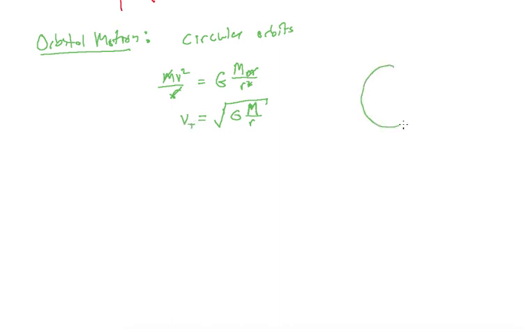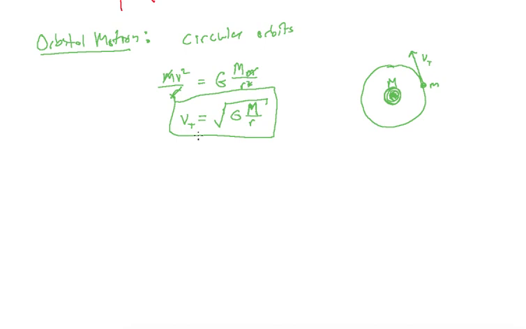So if here's our big central object, that's the capital M, here's our little m, and this would be its tangential velocity at any moment. We can just use the idea that gravity is a centripetal force. It's making this accelerate toward the center. So we have a centripetal acceleration, and therefore we can come up with this tangential velocity right there.